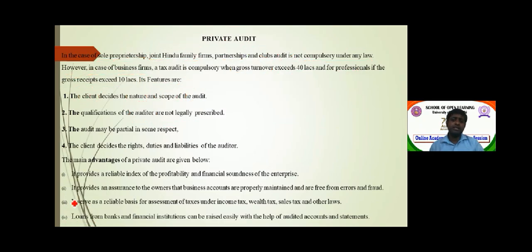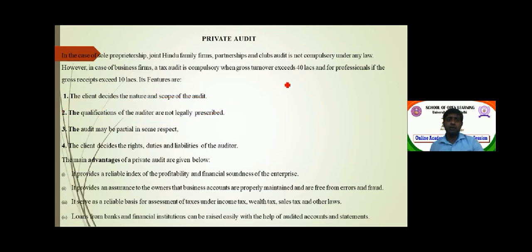It may be, for example, that initially you are conducting a private audit whereby a person having the degree or authenticity from the ICAI is auditing the accounts and financials of the particular concern. All right. So what we are able to understand is that the qualifications of the auditor are not legally prescribed.